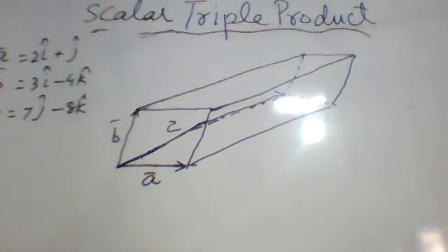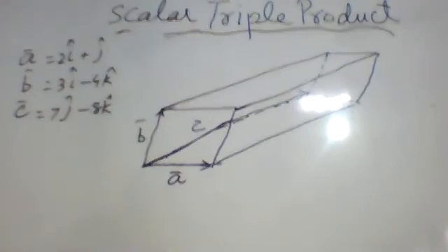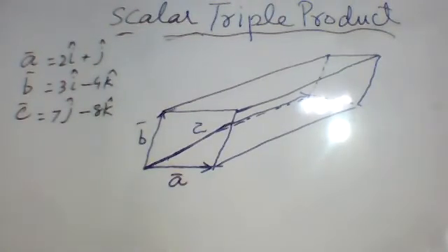So these are the sides of the parallelepiped. The sides of the parallelepiped are defined by these 3 vectors, and you are asked to find the volume.